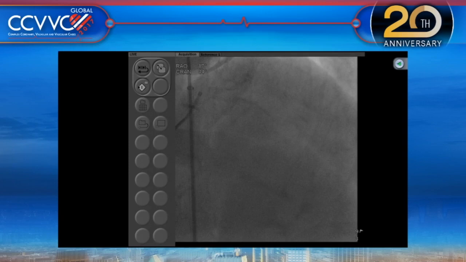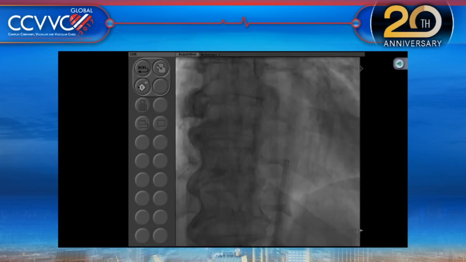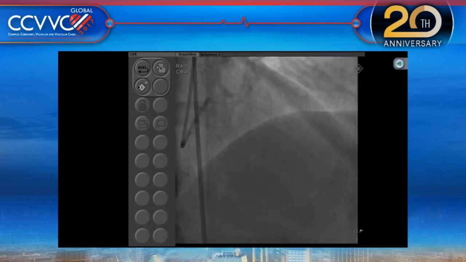Okay. But I think the important point for when you're starting this case is that, if the circumflex is likely to close, you need to think of how you are going to wire this angulated circumflex. So just to give the points on how we would handle it here: you go with any kind of over-the-wire catheter, whether it is a Fine Cross, Micro 14, any kind of catheter that is available out there, or even an over-the-wire balloon.